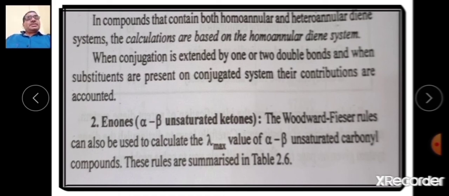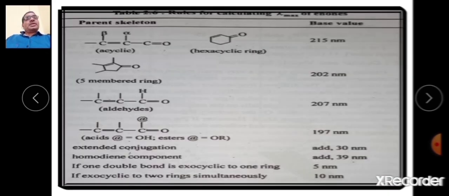Now let us see the Woodward-Fieser rules for the calculation of lambda max value for the enones. The enones are also called alpha beta unsaturated ketones. Now, according to these rules, when the parent skeleton is an acyclic enone or a six-membered ring enone, the base value is 215 nanometer.